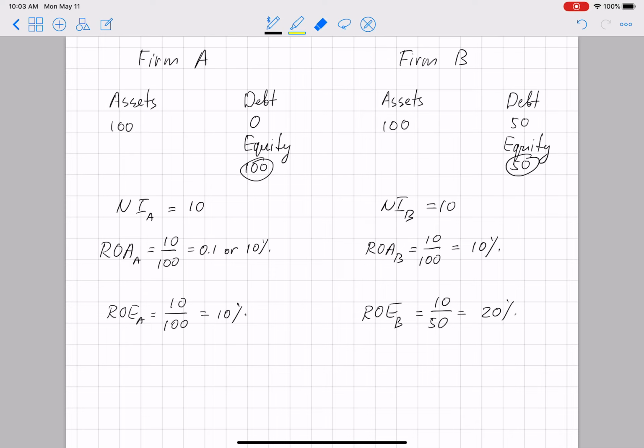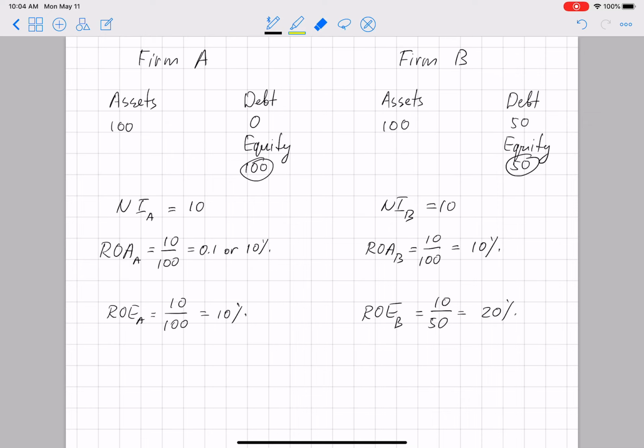The only thing you have to do is pay it back eventually, but you don't need to make any interest payments. Then of course, as a result, the same income that you generate compared to firm A will be distributed among fewer shares. And as a result, your return on equity or earnings per share will be much, much larger. That's an effect of leverage.